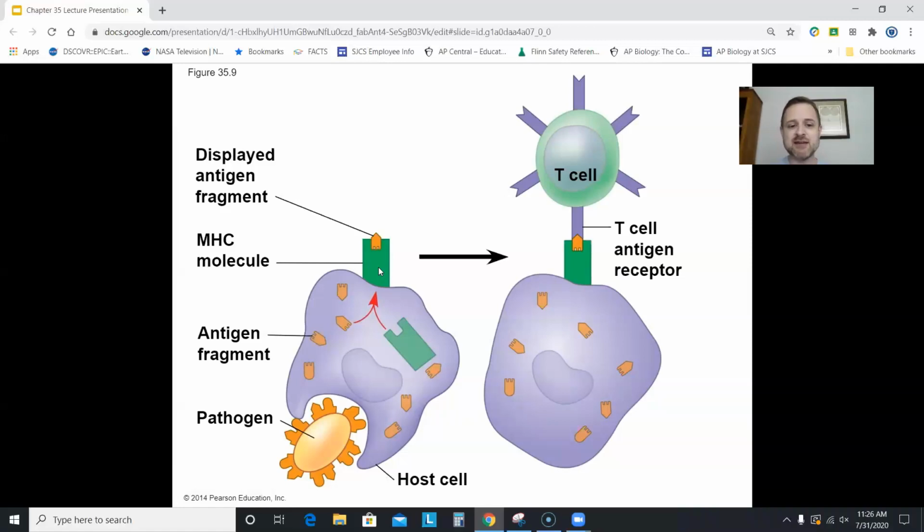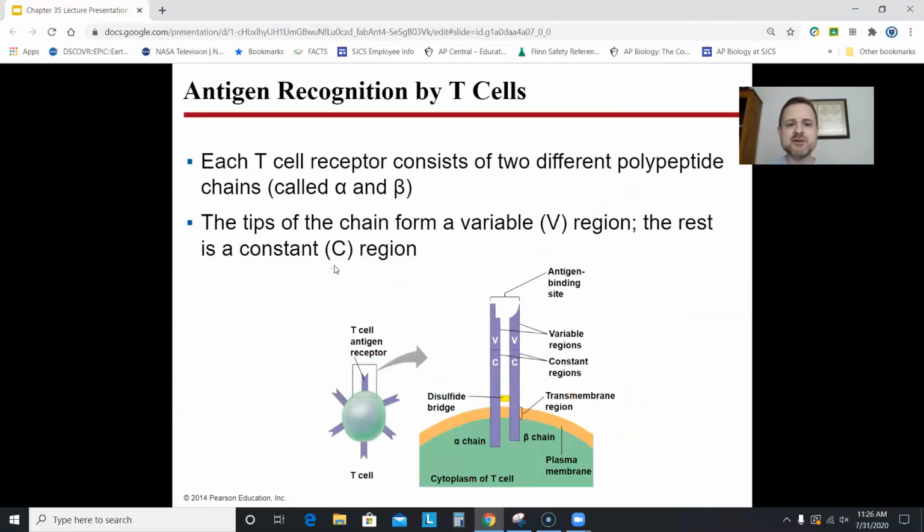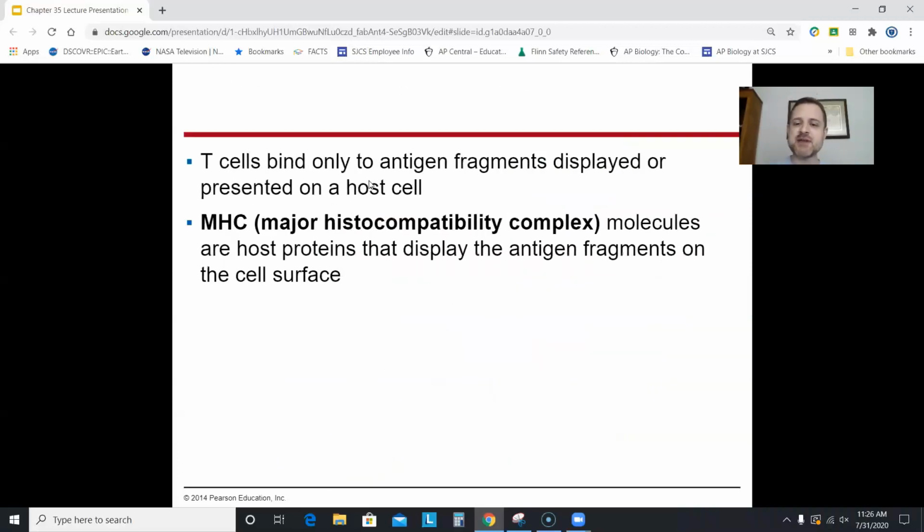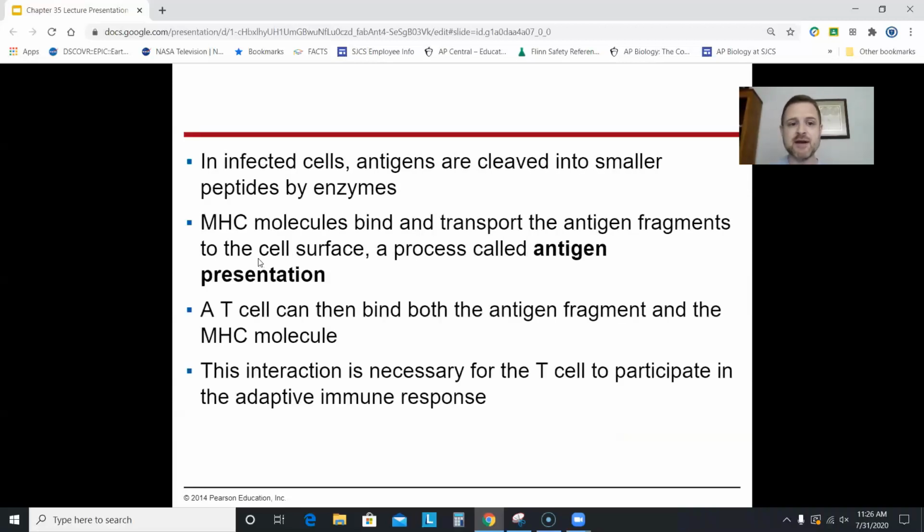So T cells are activated a little bit differently from B cells. T cells are activated by an MHC molecule, which is yours, presenting a piece of the antigen, kind of like a trophy, to a T cell, okay? So going back, like I said, T cells only bind to antigen fragments, which are displayed by an MHC protein. We've already kind of gone through this slide.